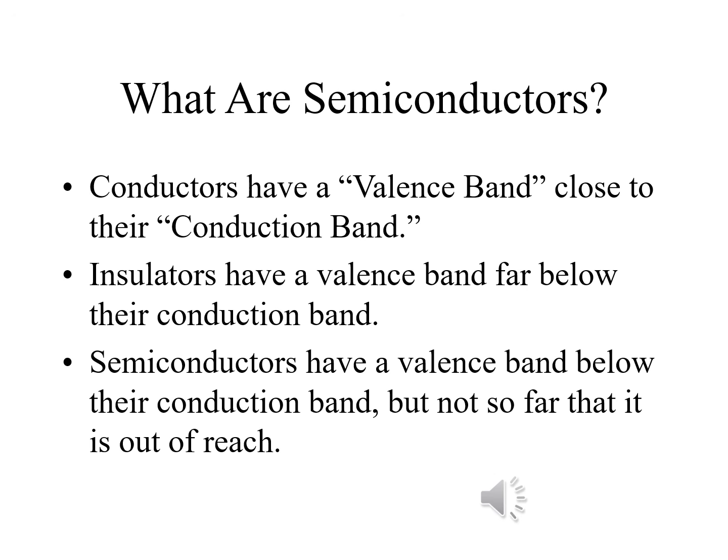The key difference between conductors and insulators is the distance between their valence band and their conduction band. Conductors have a valence band that is very close to the conduction band, so it doesn't take very much of a voltage to raise electrons into the conduction band and have electrical current flow.